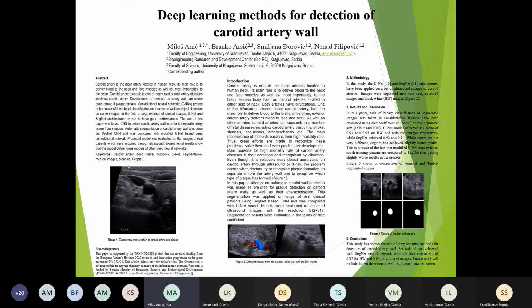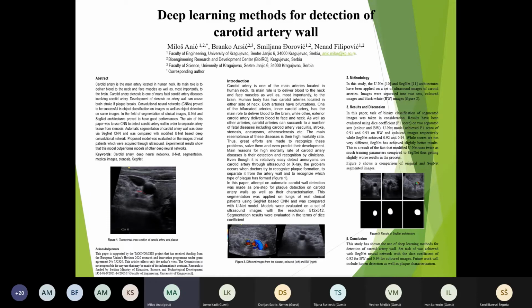And the UNet model achieved an F1 score of 0.91 and 0.93 for black and white and colored images respectively, while SegNet achieved 0.92 and 0.94.